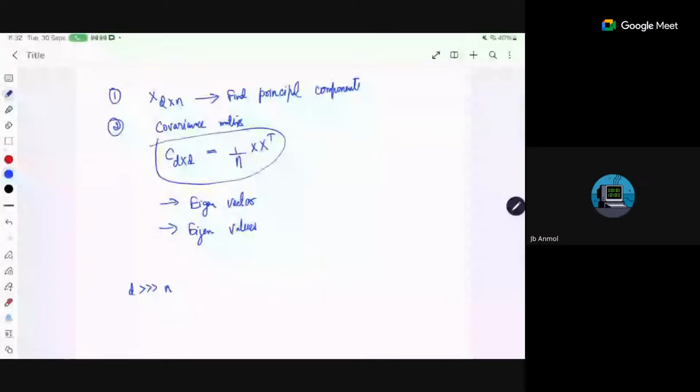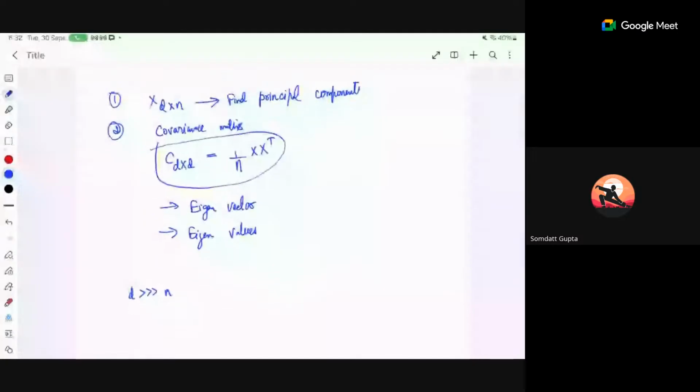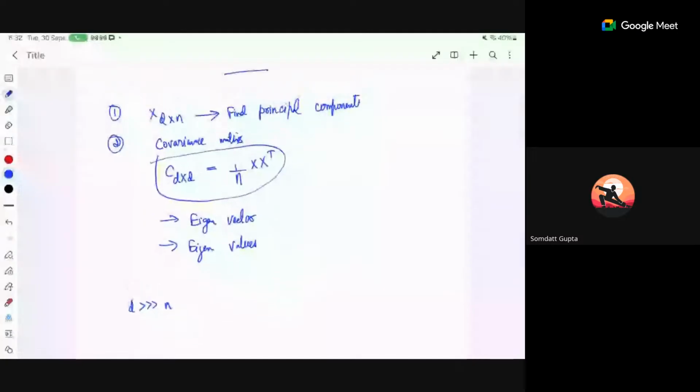I think it was X transpose X when D is smaller than n. The covariance matrix is XX transpose divided by n, where X is in D cross n, and then we find the eigenvector and eigenvalue for this covariance matrix C.